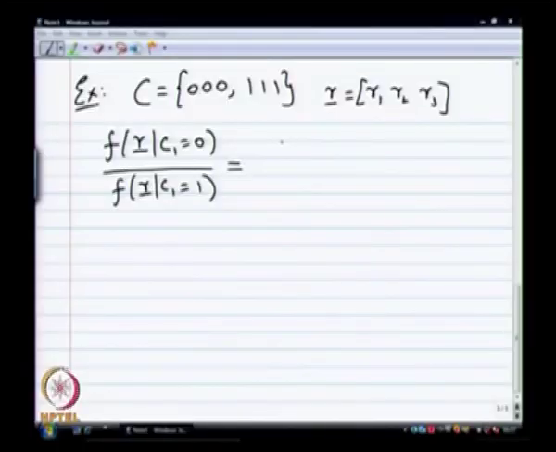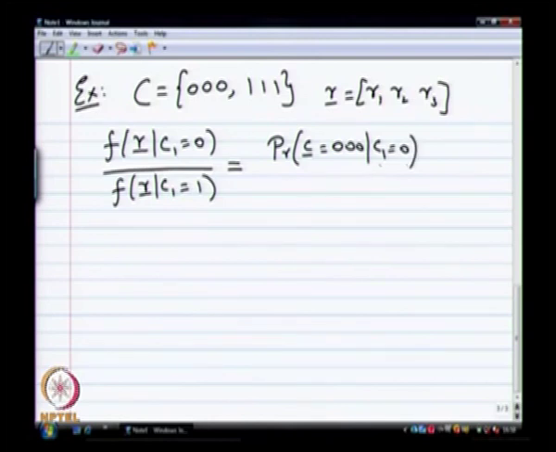So the way you write this is the probability that C equals 0 0 0 given C1 equals 0, which is actually 1, but I am writing it down just to show you how it works, times f of r given C equals 0 0 0.